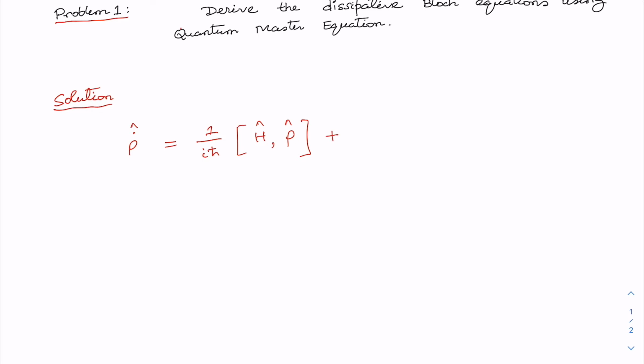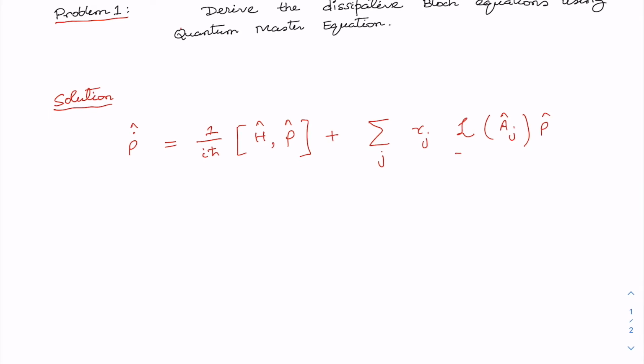And then we have terms pertaining to the dissipative processes. Suppose a process is happening at the rate gamma j, there are all kinds of processes, and then we have this Lindblad operator, and a j is the operator that connects the system and the environment.